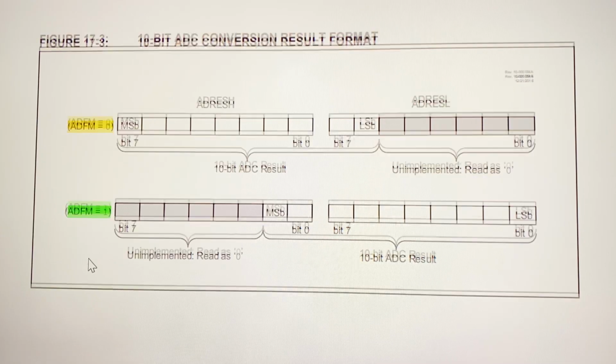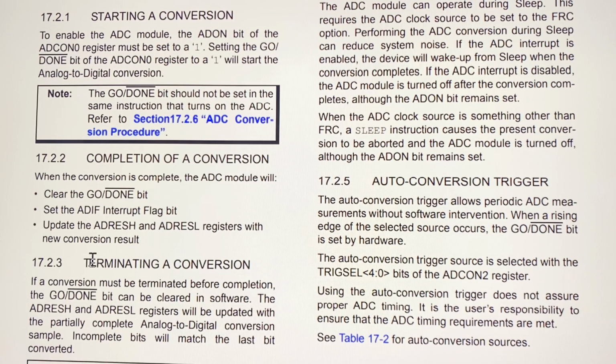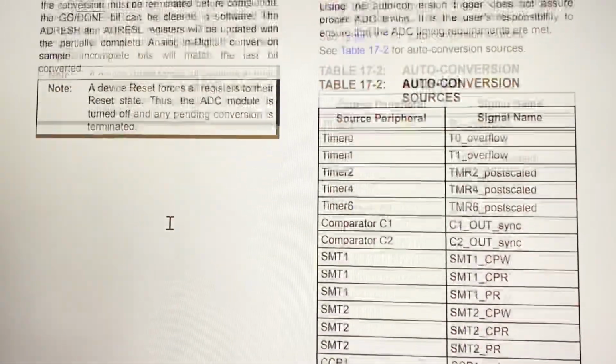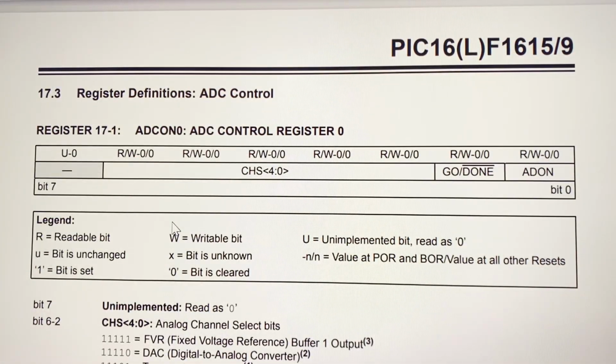Okay, and for the ADC operation, these are the steps. You have to clear the GO/DONE bit, set the interrupt flag, but we will use another way of operation for this practice.